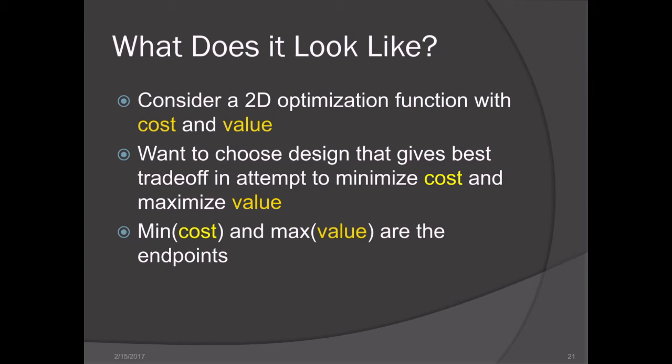The minimum point that represents cost and the point that represents the maximum of the value are going to be endpoints on the Pareto front. These could be 2 separate points, but they could also end up being the same point. If you have a point that is the minimum of cost and the max of value, that 1 point would be your starting point. And the Pareto frontier is going to fall between.